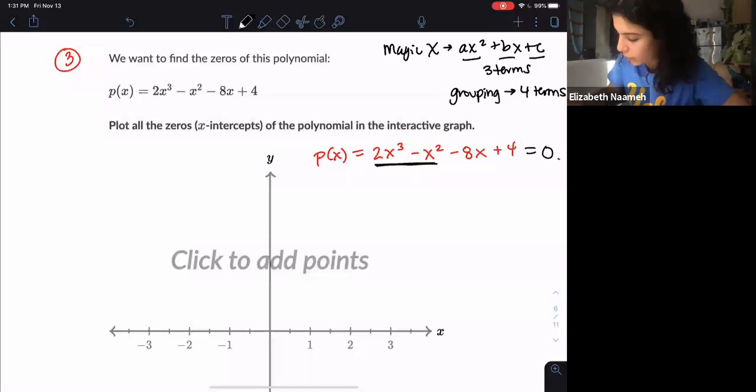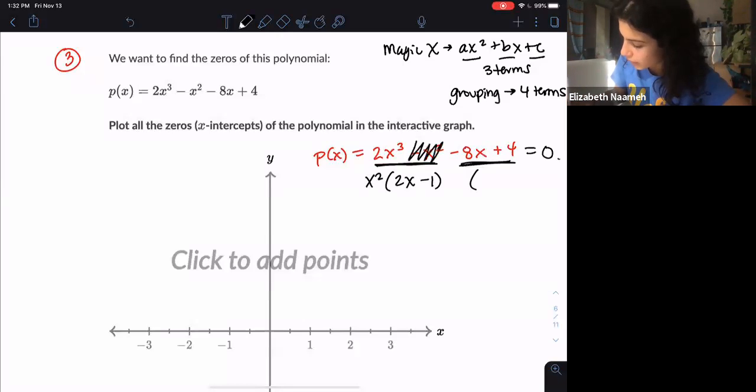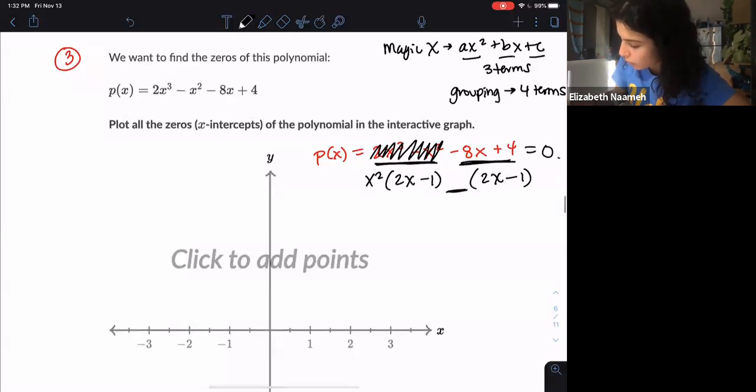Underline the first 2, and right now you're ignoring the last 2. We can factor out an x squared, which leaves us with 2x minus 1. The nice thing about grouping is you know the second parentheses. So now we're going to group these 2. Ignore the first half. You know that this will always match. What number should go in between?